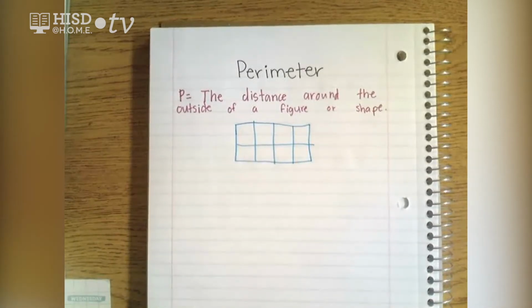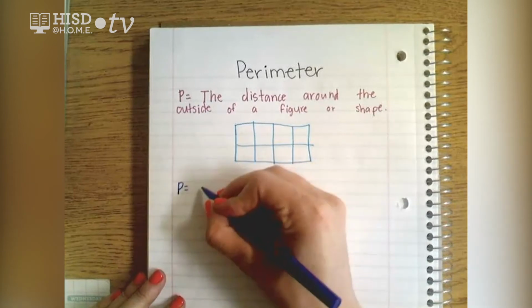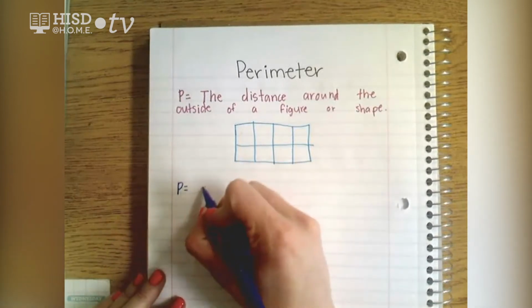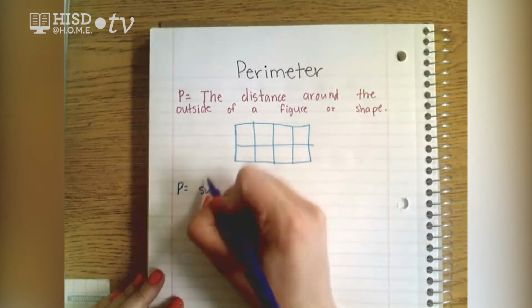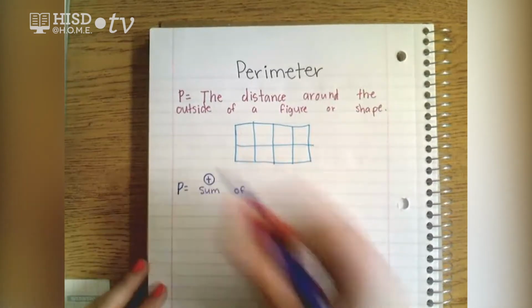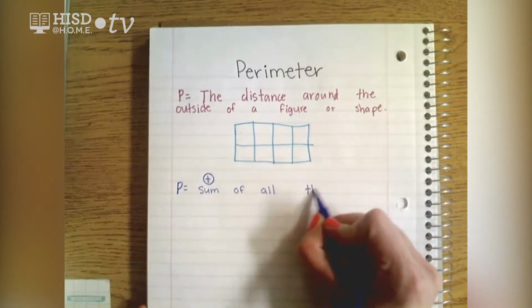But perimeter is different. Perimeter, we need to add up the sides. It's the sum of the sides. And sum means we're adding, right? Sum of all these sides.